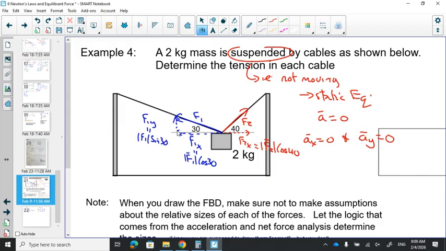All right, so F1 y component. And then over here, we have an F2 y component. It's going to be absolute value of F2 times the sine of 40. All right, let me just fix that a little bit nicer.